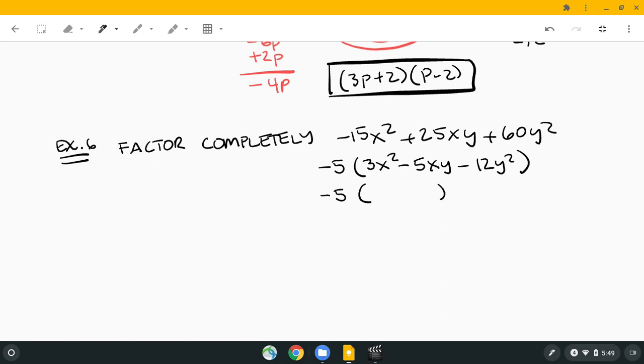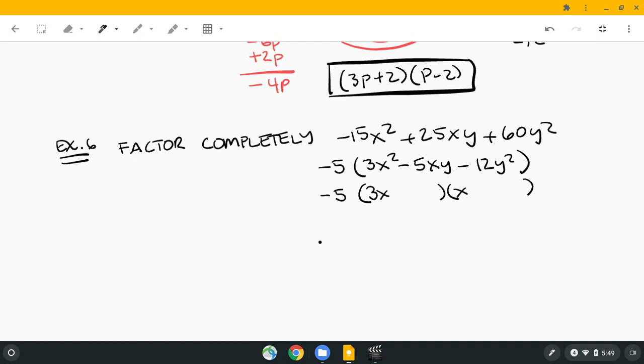All right, so let's find the two binomials. This is nice. It's a prime number, so there's only one way to make 3x squared, 3x times 1x. And here we want negative, so the signs have to be different.